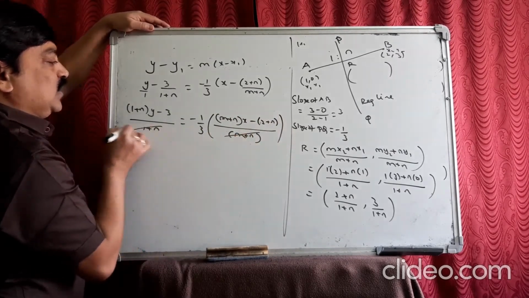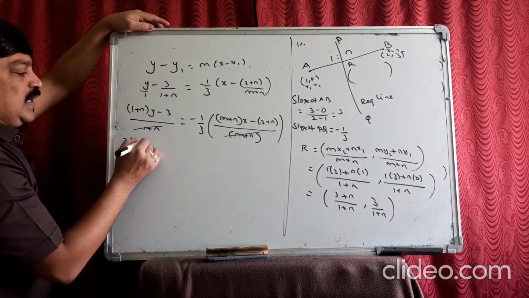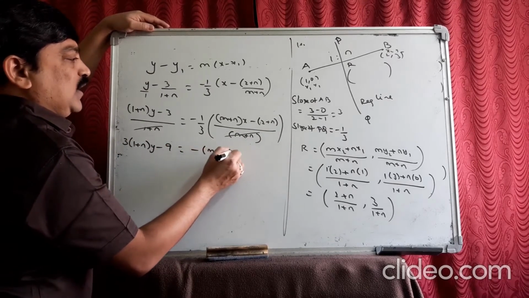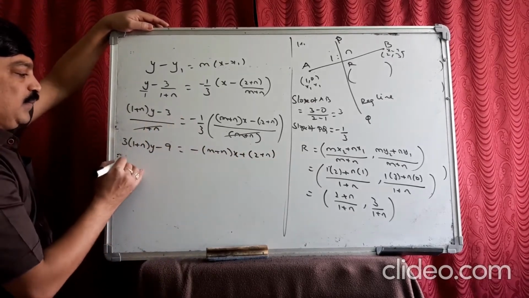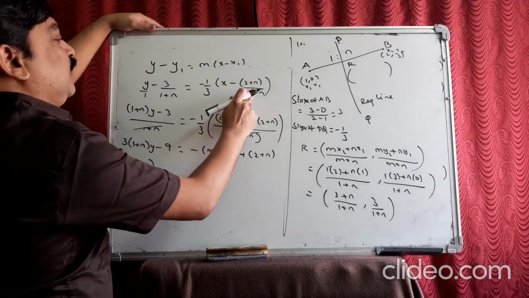In these two you can cancel this. Let us cross multiply 3 with this. 3 into (1+n) into y minus 9, minus (1+n) into x plus 2 plus n. Let us bring this minus here. Okay, sorry, m is 1, no?